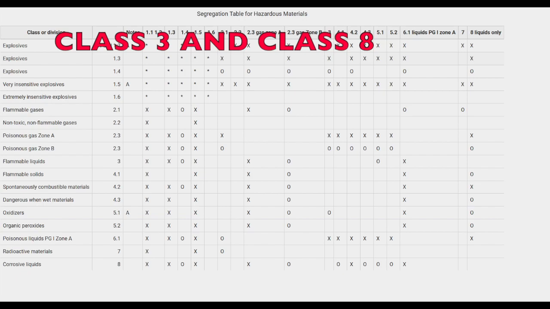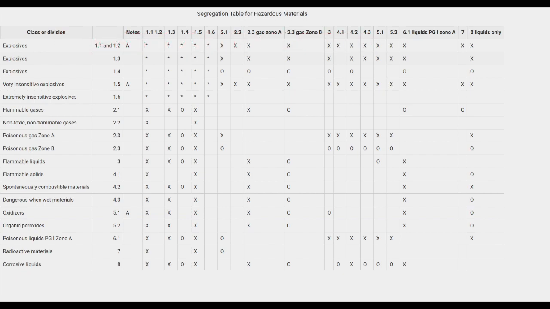And we'd have to go with whatever is more restrictive. So remember, when you're dealing with a subsidiary hazard, you have to take that into account too when determining if the load can be loaded together and what the restrictions are. And you always go with whichever has the greater restrictions. So if you can't load class 8 with something, then you couldn't load this at all.